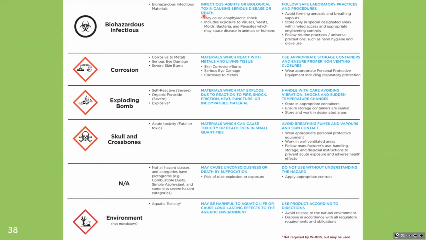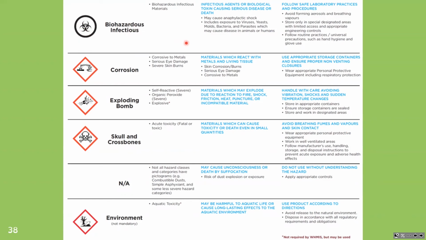Then we have some more which aren't all the same in your workbook. So we have biohazardous infectious. I don't know how to describe this image: a circle with three crescents overlapping it.